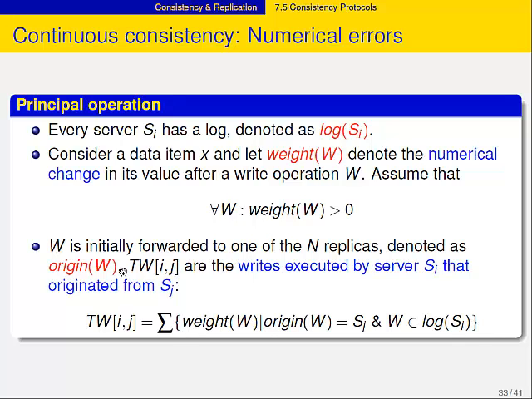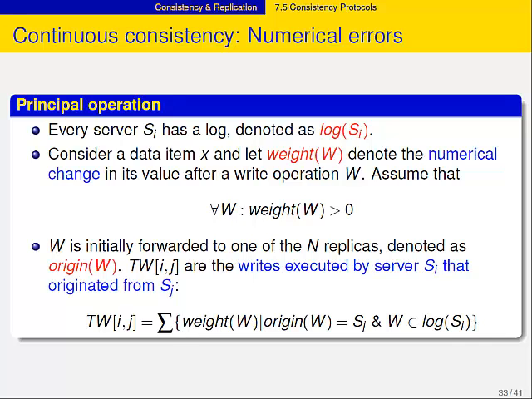Here it comes. TW(i,j) are the writes executed by server Si that originated from Sj. So the model will be that I as a client contact, let's say, server Sj.